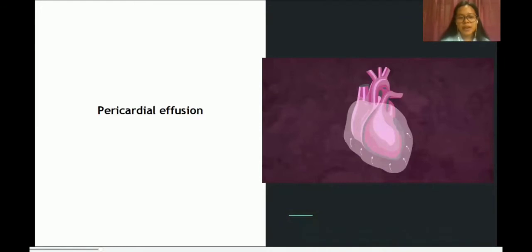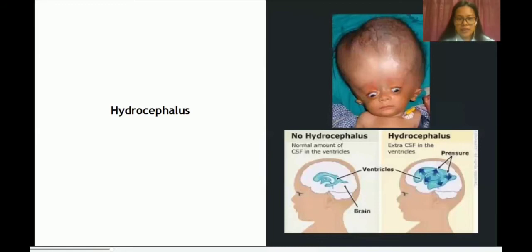For the next one, we have pericardial effusion, which we also call the hydropericardium, and this is the build-up of extra fluid in the space around the heart. So if too much fluid builds up, it can put pressure on the heart, and this can prevent it from pumping normally. For the next example, we have the hydrocephalus.